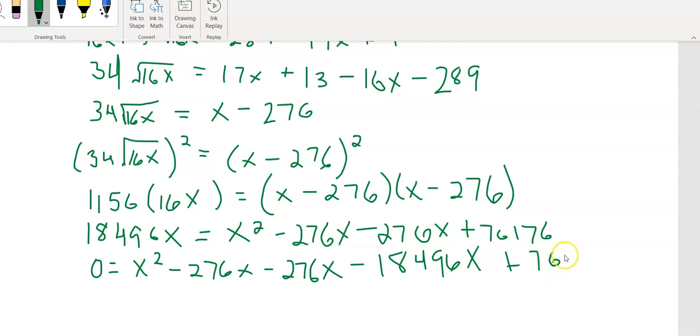And I still have this big number here. Okay, so let's add all of our x's together. So we've got negative 276, negative 276, and negative 18,496. And that ends up giving negative 19,048.